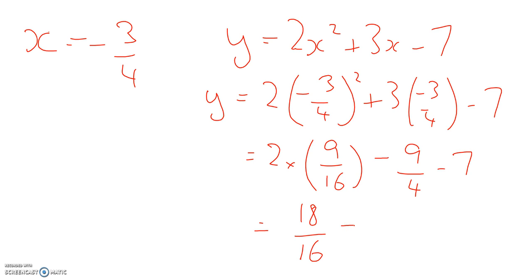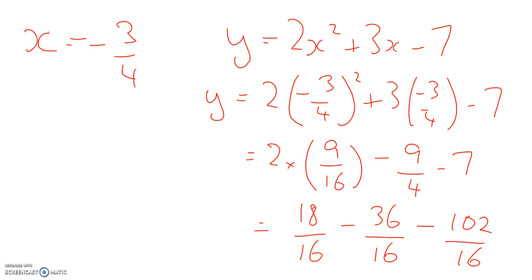Minus, and once again, I'm going to times both sides by 4 over 4. So this is minus 36 over 16. And minus 112 over 16. 7 is just, if you do the math, that's how it works out.